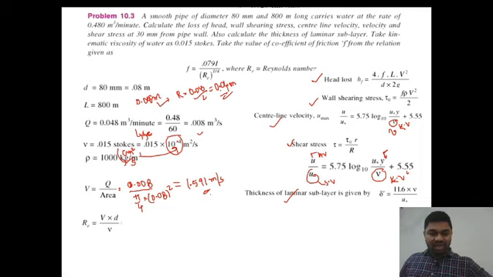The next thing which we need to do is calculate the Reynolds number. Reynolds number is velocity into diameter divided by kinematic viscosity.